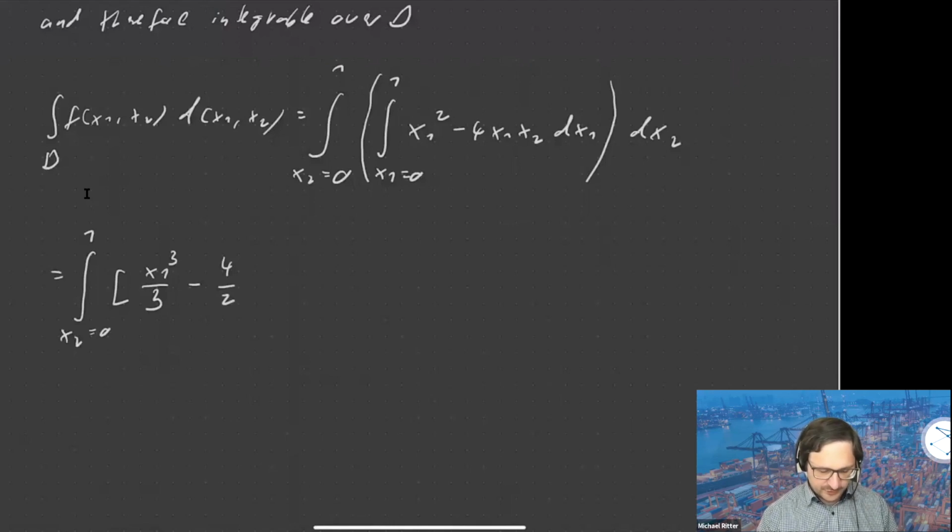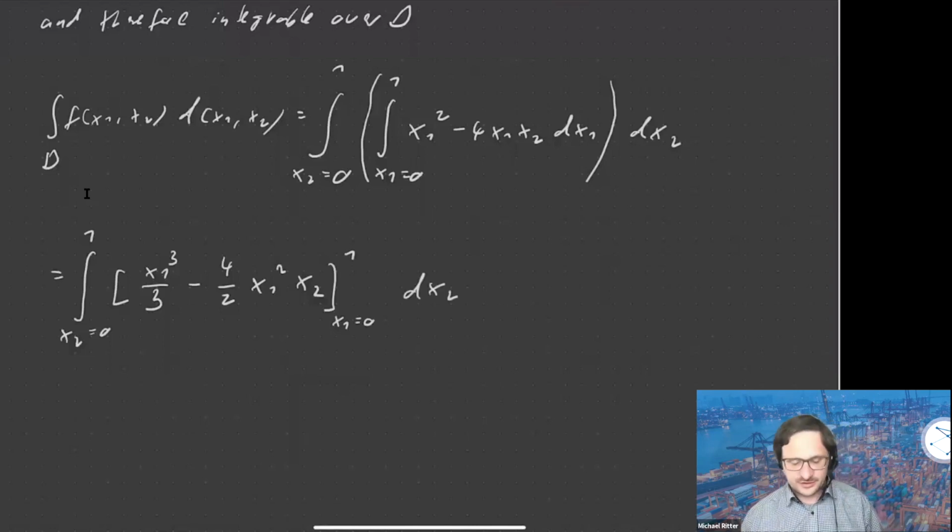So it's 4 over 2 times x1 squared. And we just keep the x2. And again, x1 is from 0 to 1. And we'll still have to integrate the result with respect to x2.